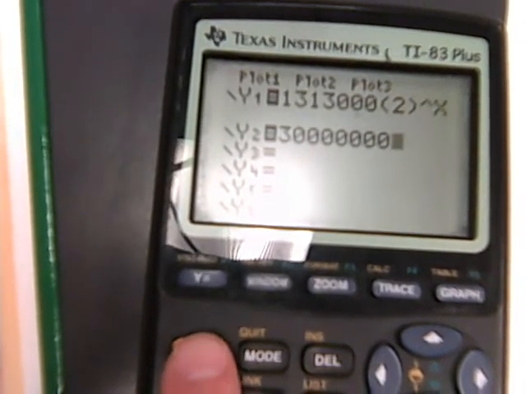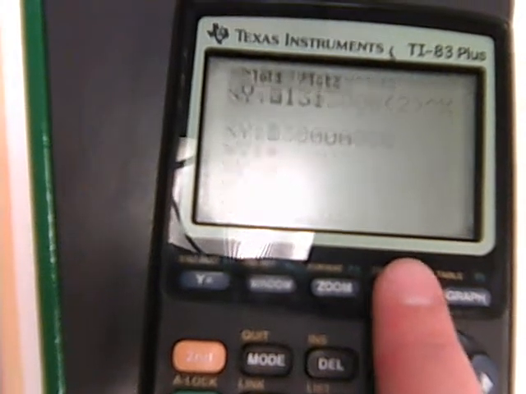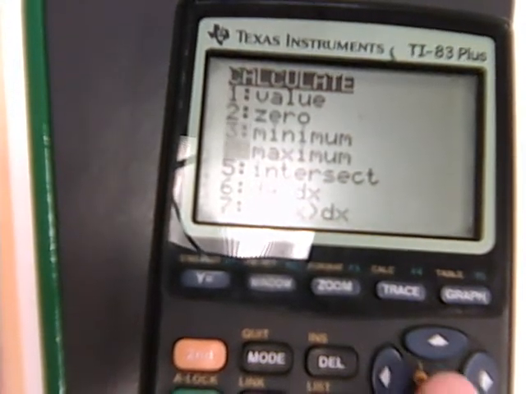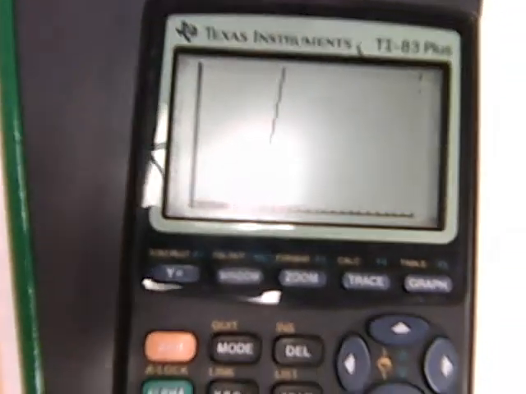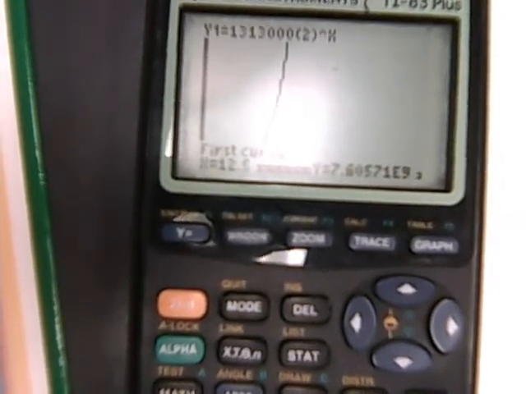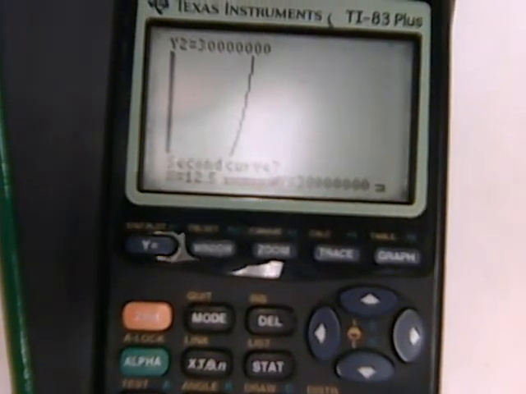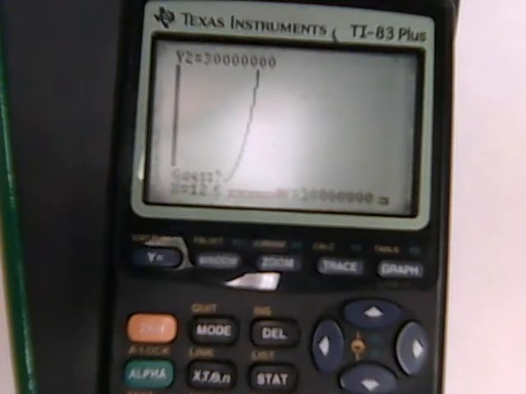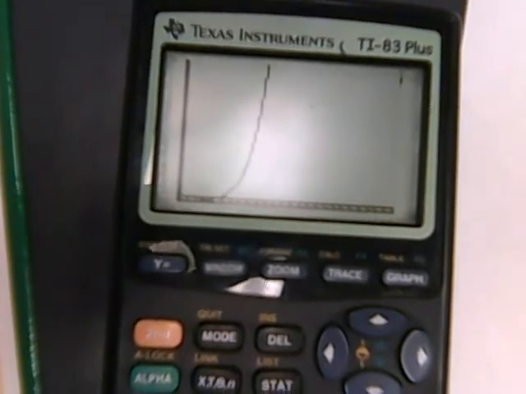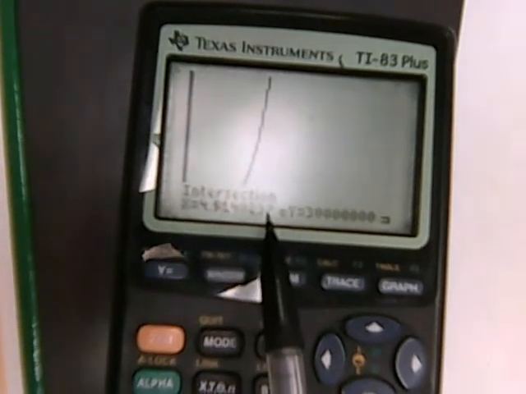So we're going to go to second, trace, and down to intersect. Now it's going to ask you some questions here, and you'll kind of see it come over mine. It's going to say first curve, hit enter. Second curve, hit enter. Guess, hit enter. I'm going to keep hitting enter until intersection comes up.